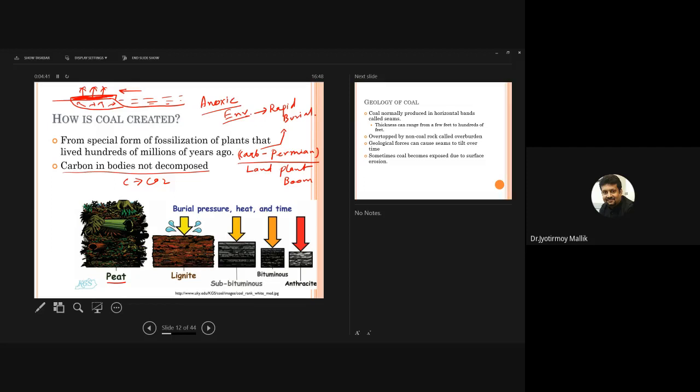So now if I ask you, for example, I have these beautiful jungles of Satpura, a beautiful preserve of land plants, right? And then I have the mangroves of Sundarban. Which one do you think would have better chances of creating coal? Can someone tell me? So I'm giving you two situations.